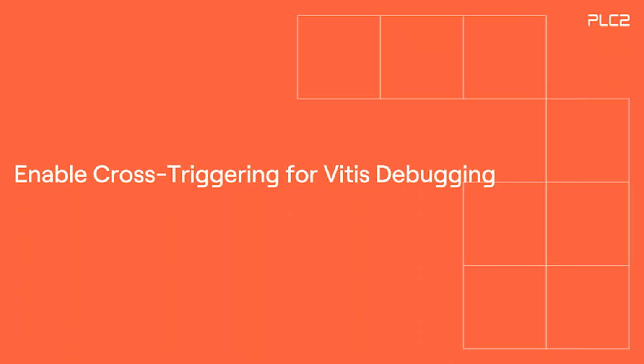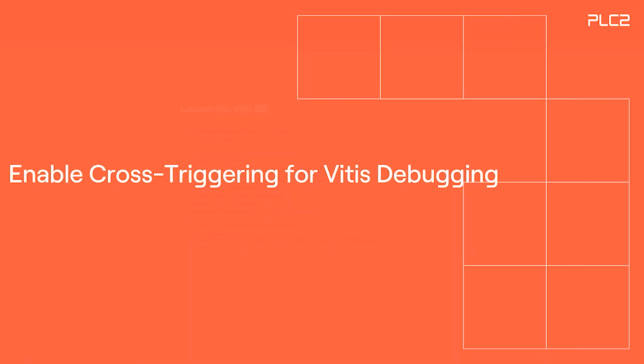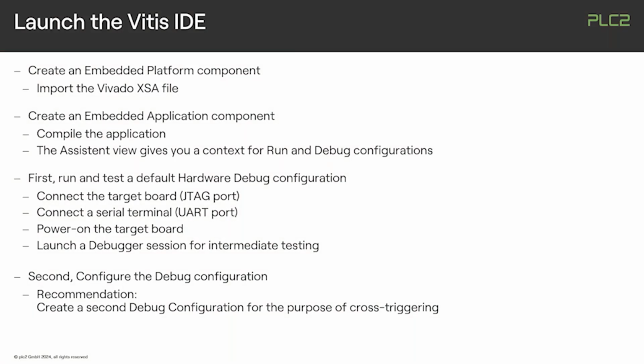Okay, now how can we see the cross-triggering feature in the Vitis IDE environment. First, the traditional way is to import the Vivado Xilinx shell archive file so that the processor context is seen in the platform project, where operating systems can be assigned to the CPU.